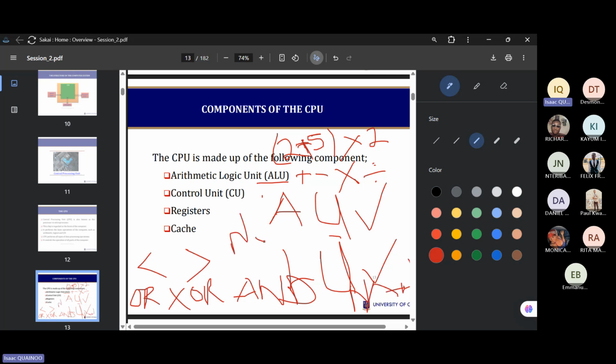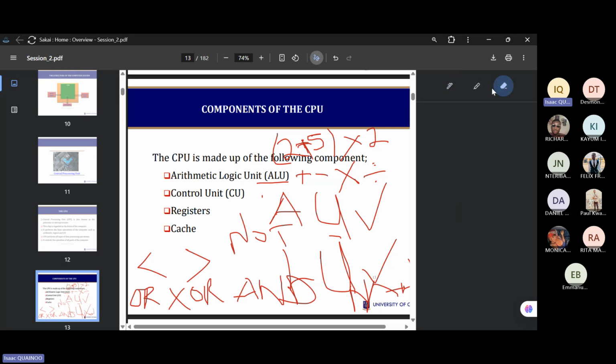All those things are performed within the logic unit. Okay, that is the part that directly performs all those logical operations.